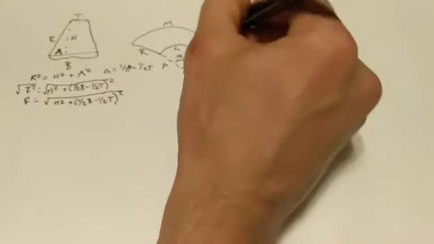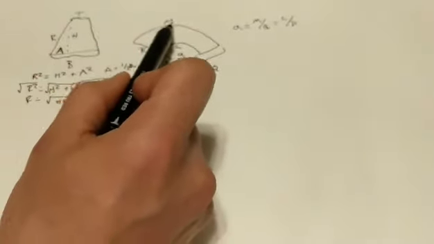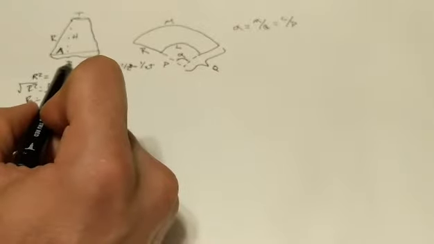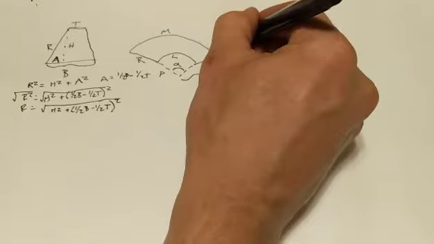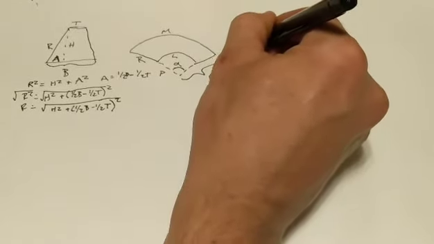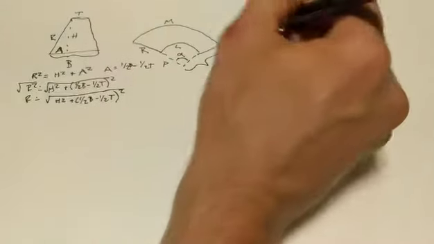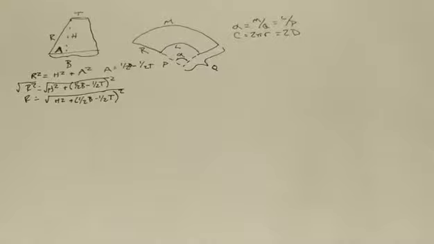Other formulas that we might need are circumference. So to get this M length, we'll find from B. The circumference, which we'll call C, is equal to 2 pi r, where r is the radius, or that's equal to pi d, where d is the diameter.